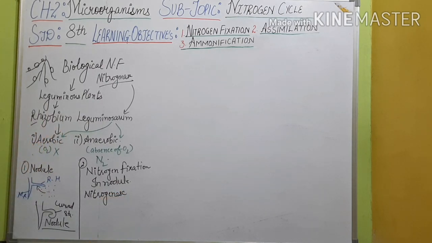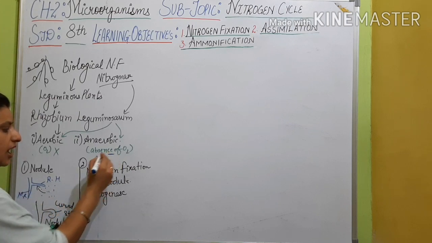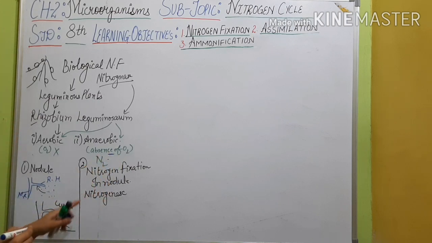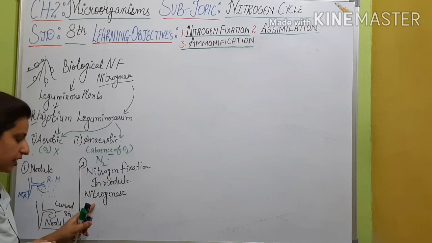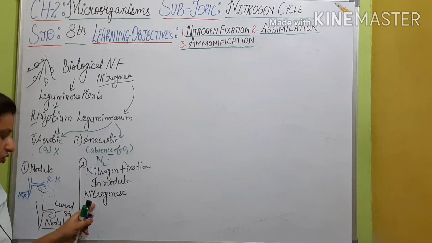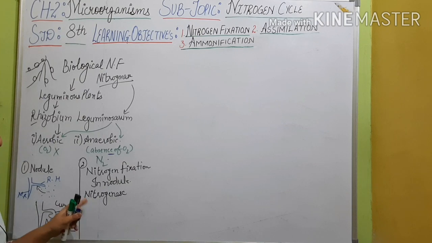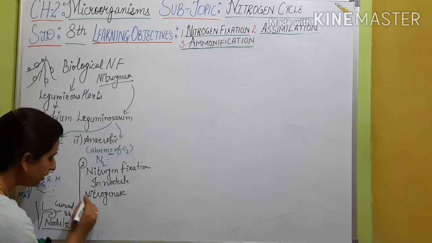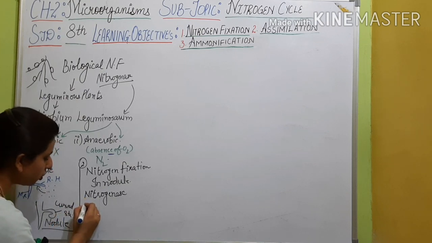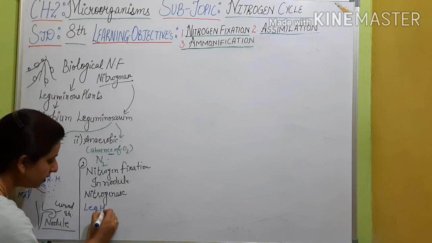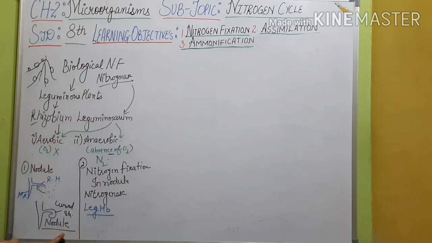As I discussed with you earlier, this Rhizobium bacteria, Rhizobium leguminosarum, will fix the nitrogen in the absence of oxygen. So leguminosarum works with the help of the nitrogenase enzyme, and a special kind of pigment called leghemoglobin is present in the nodule.